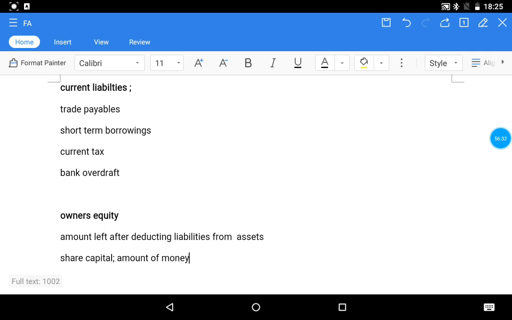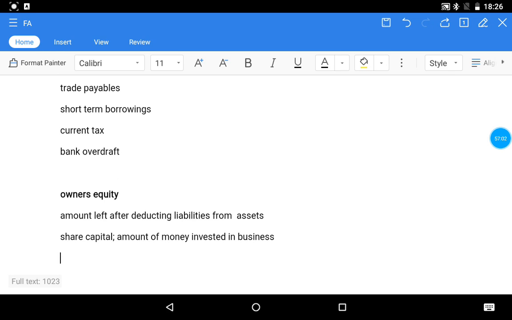Then we have retained earnings. Retained earnings are profits that a company has reinvested in a business instead of distributing to shareholders.